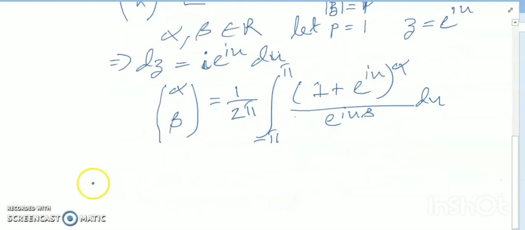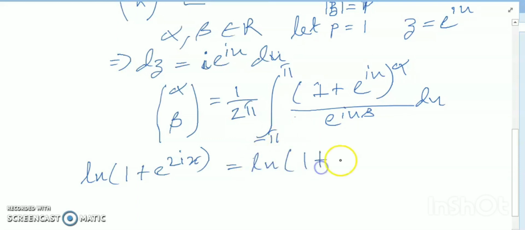Now ln of 1 plus e to the power 2ix can be written as ln of 1 plus cos 2x plus i sin 2x.